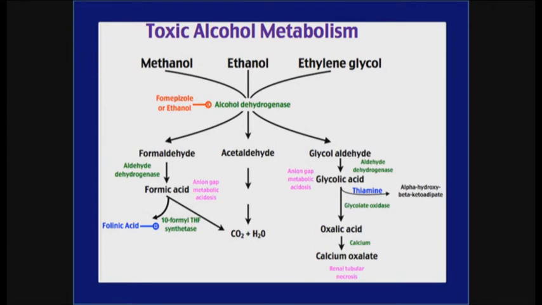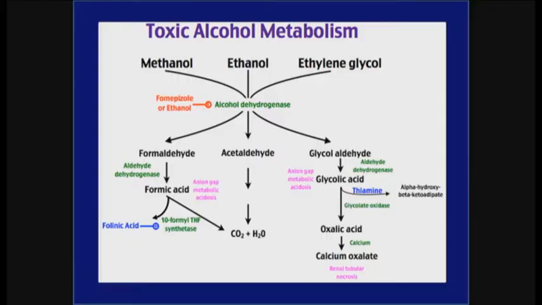This is how we break down basically alcohol, which is ethanol. Ethanol goes on via alcohol dehydrogenase to make aldehyde, or specifically in this case acetaldehyde, which then eventually will break down to acetic acid and carbon dioxide and water.